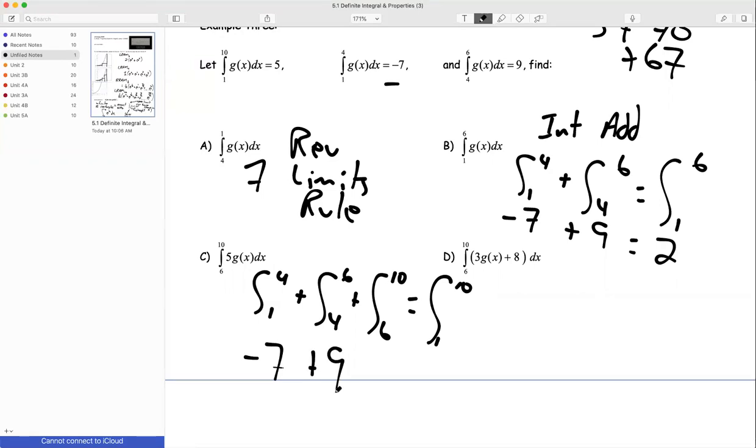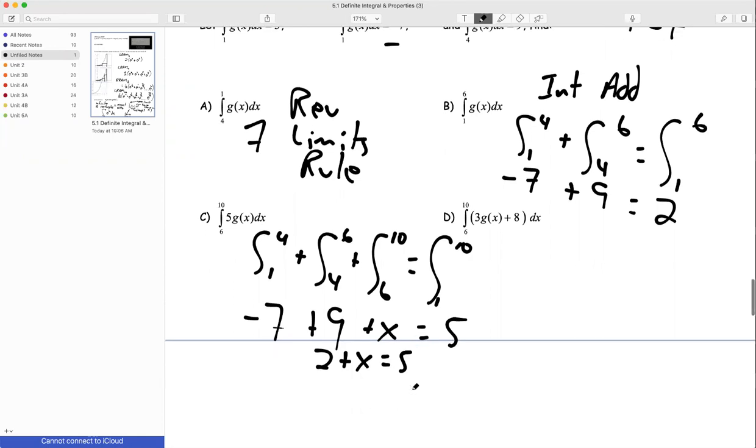It's 9. Plus the integral from 6 to 10. I'm not sure what that is. I need to find it. And all of that is equal to the integral from 1 to 10, which they tell me is equal to 5. Okay, so this gives me 2 plus something equals 5. Therefore, I know that x is 3.